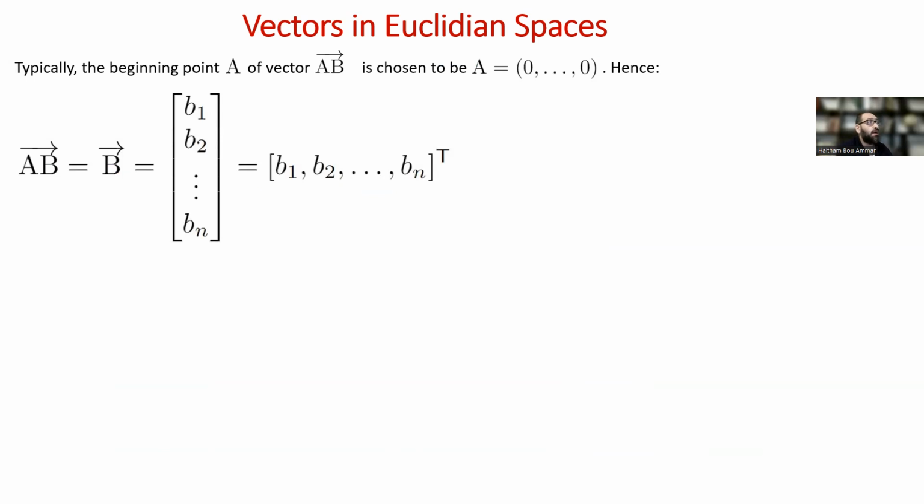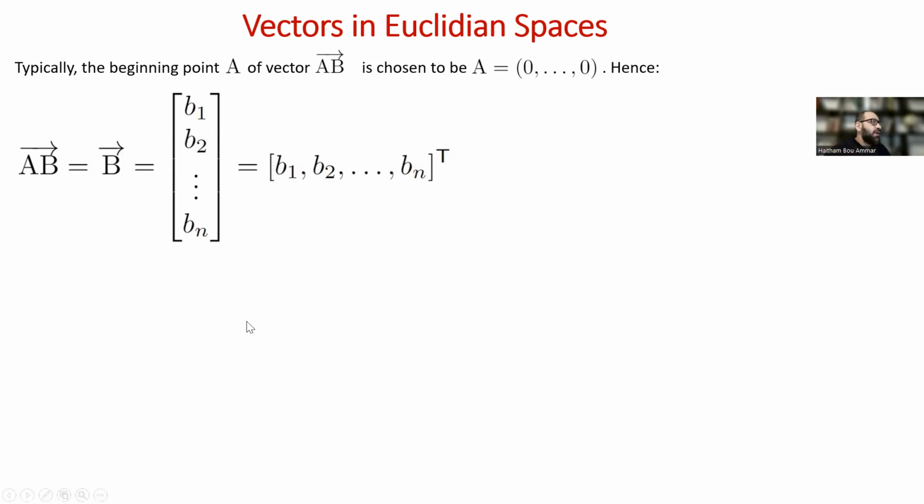Now, when we want to define vectors, we typically define them with respect to a reference point. And typically, the reference point for those vectors, so the beginning point of those vectors, is actually 0. So we're seeing where that vector is with respect to the 0 point of my Euclidean space.